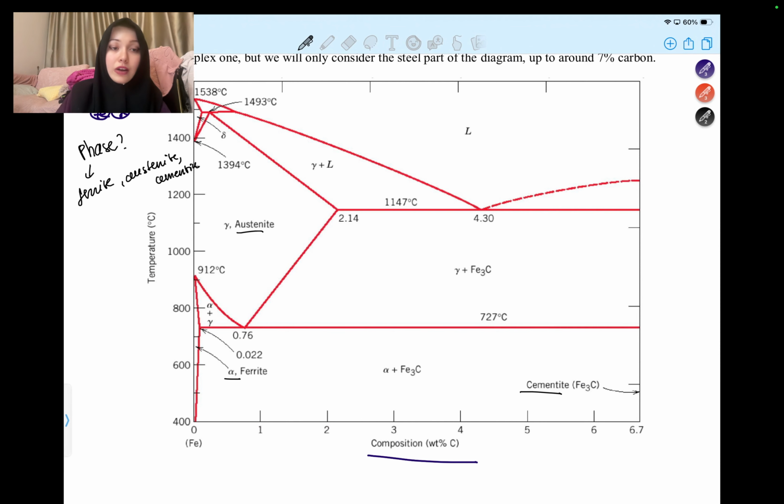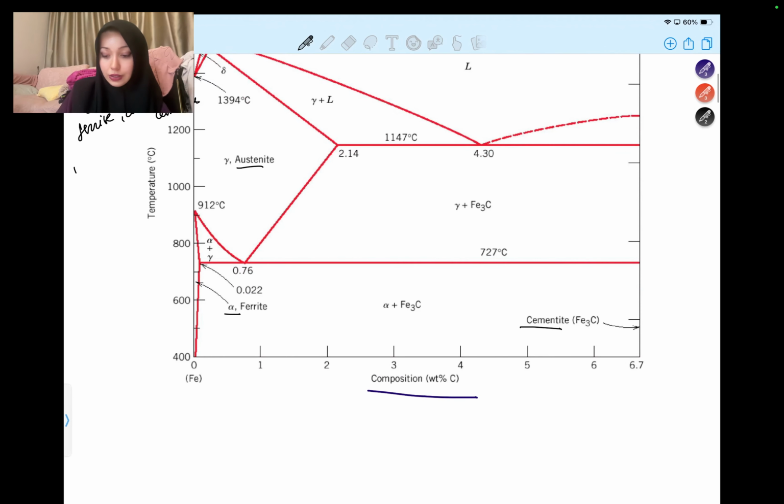And then we have microstructures. People tend to confuse microstructure and phase, so it is important to know the difference. A phase is a chemically or structurally uniform material, but a microstructure is a visible arrangement, or we can say a mixture of phases. And what are examples of microstructure?